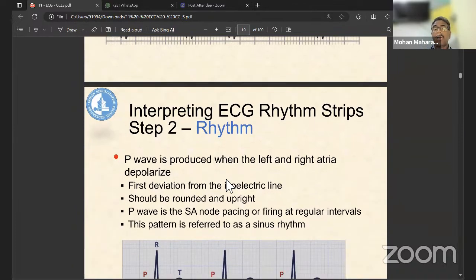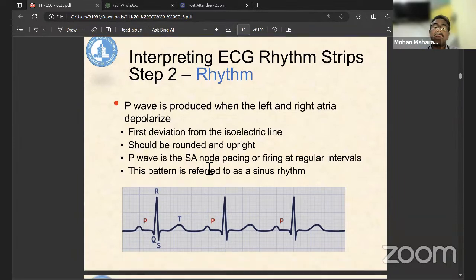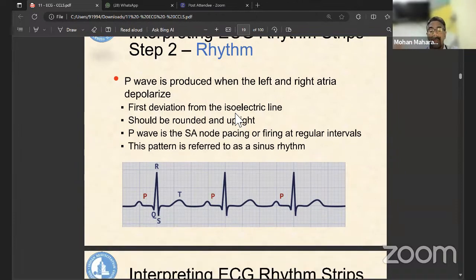Here, again, when you are looking at the rhythm, the P wave is produced when the left and right atria are depolarized, because both simultaneously have depolarization, that means contraction. So when both atria contract, you get the P wave, because atrial contraction is a P wave. We will come back to that in the next slides. The first deviation from the isoelectric line is a P wave.